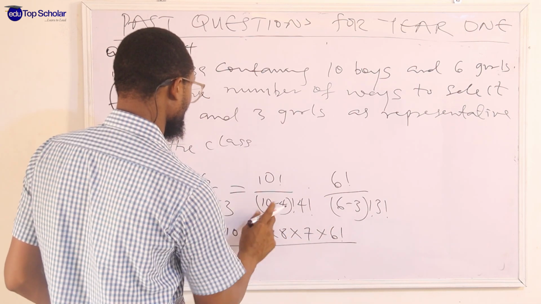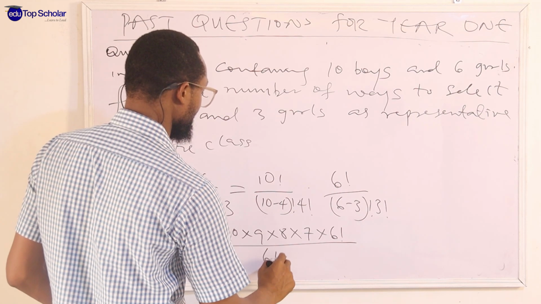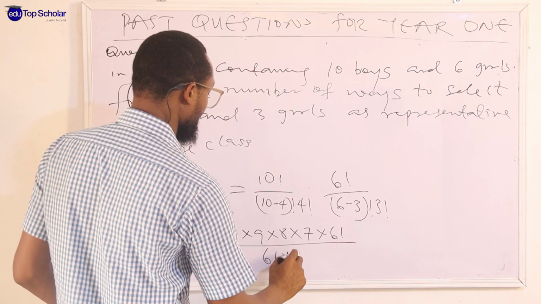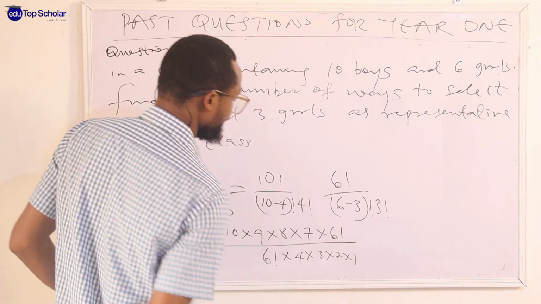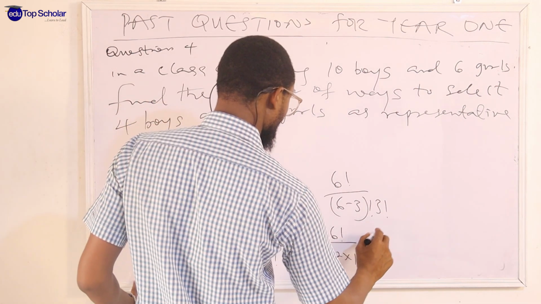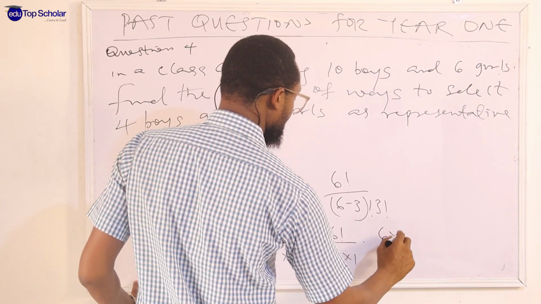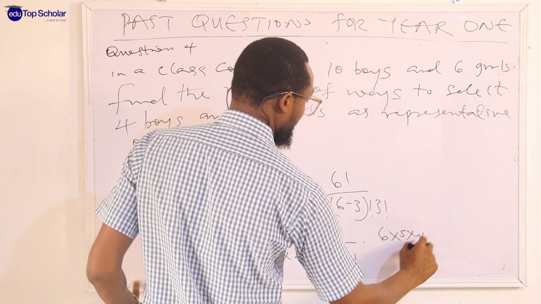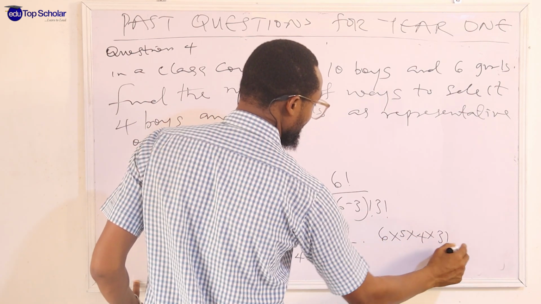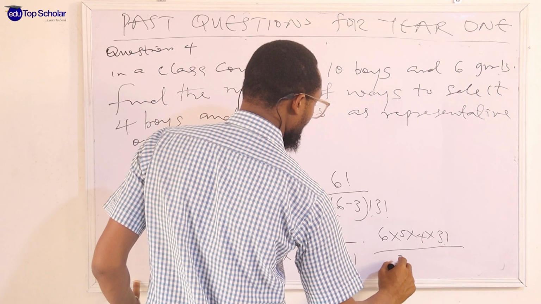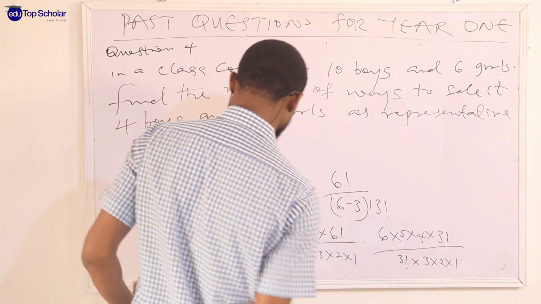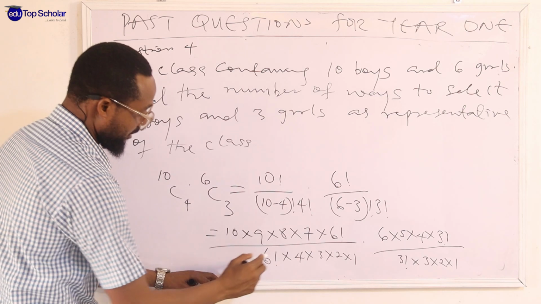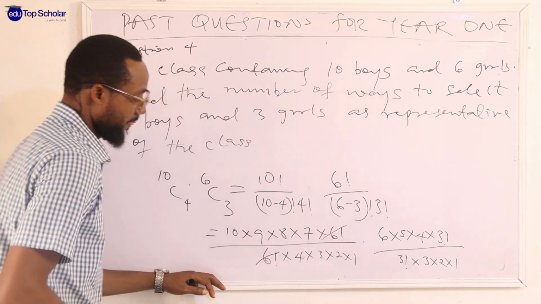I'll stop here because we have a 6 factorial in the denominator, multiplied by 4 times 3 times 2 times 1. All of this multiplied by 6 times 5 times 4 times 3 factorial over 3 factorial times 3 times 2 times 1.